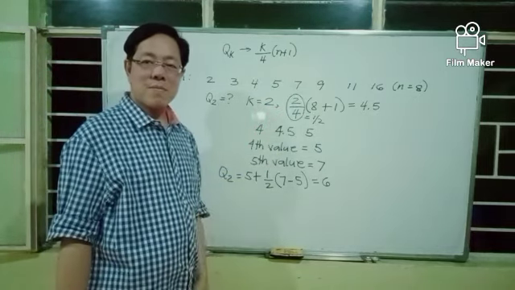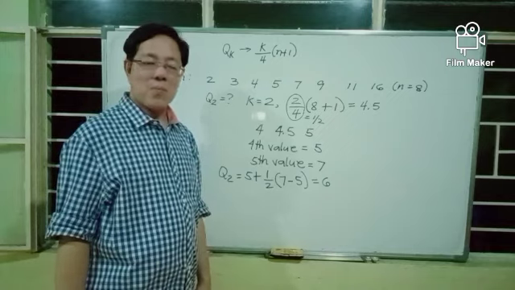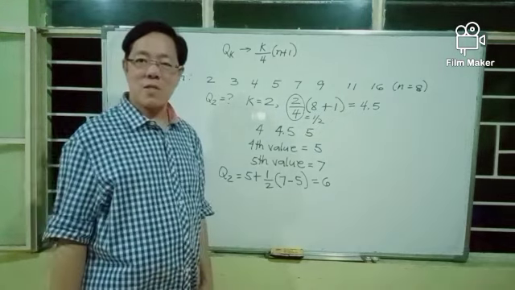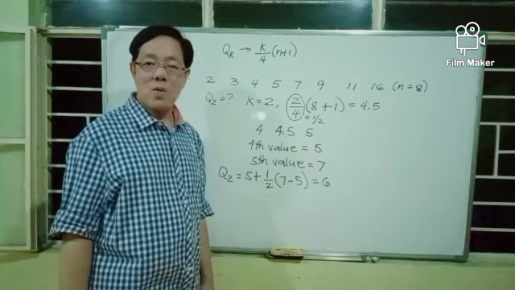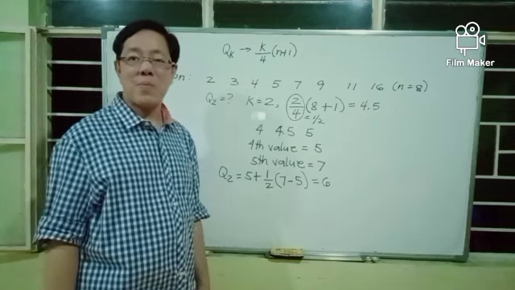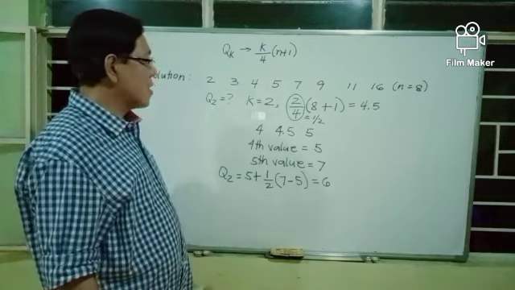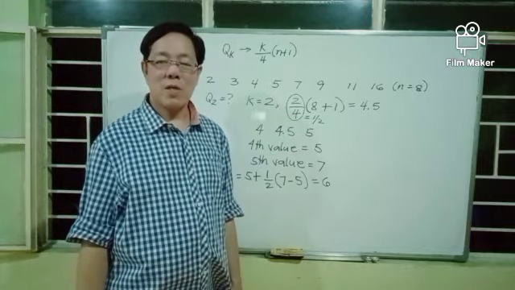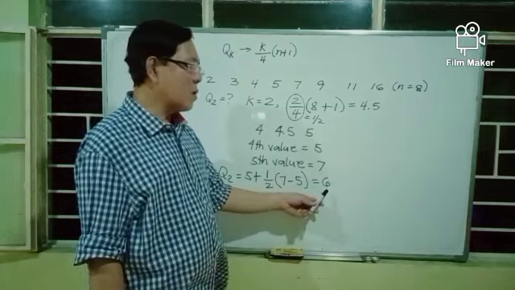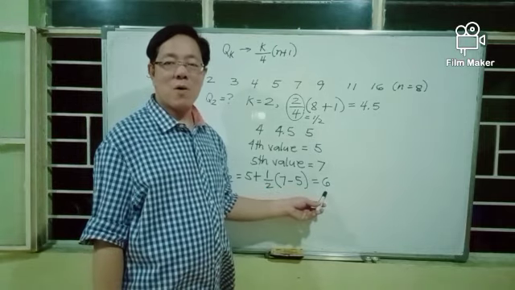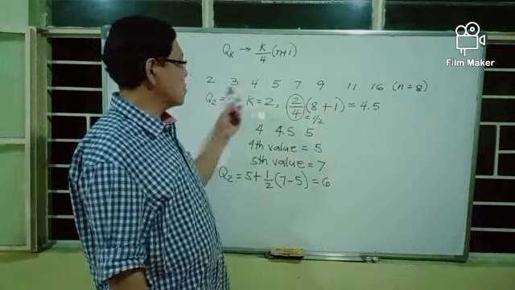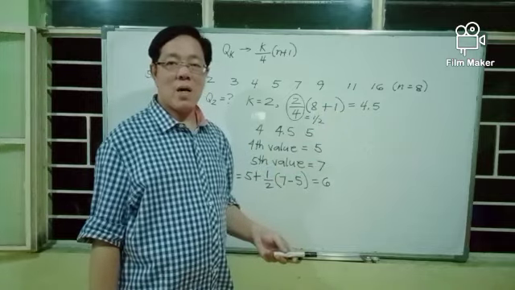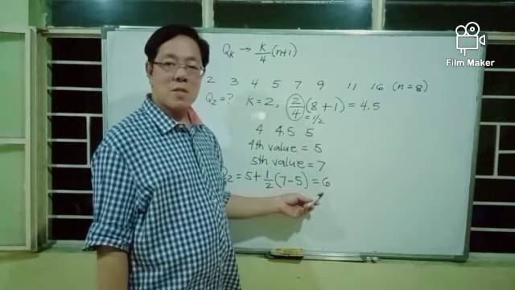Now we check the definition of the second quartile. The definition says that at most 1/2 or 50% of the values arranged in order are less than the second quartile, that is, below 6.